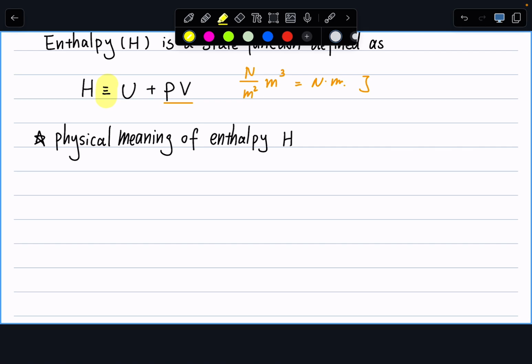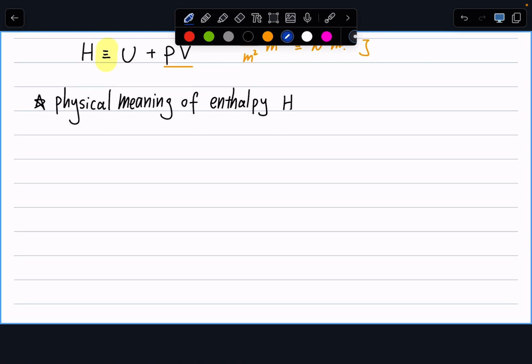It's just true without any assumptions. But in order to gain more insight into what enthalpy is, we have to set a special case. So assuming a reversible isobaric process in a closed system.